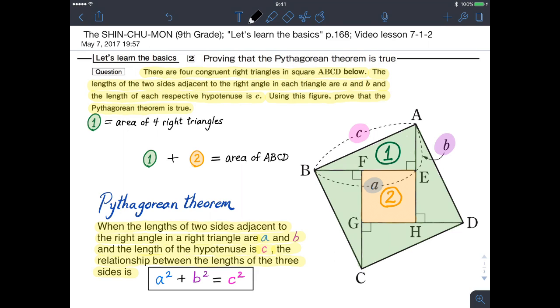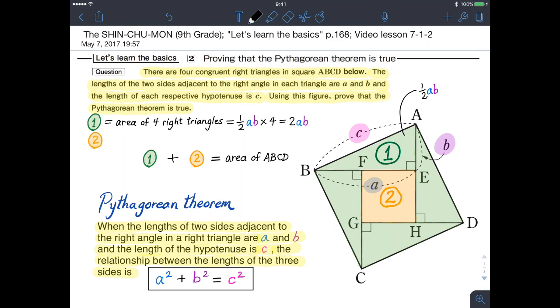Since the area of one of these triangles equals 1/2 AB, the area of four of the triangles equals 1/2 AB times 4, which equals 2AB.